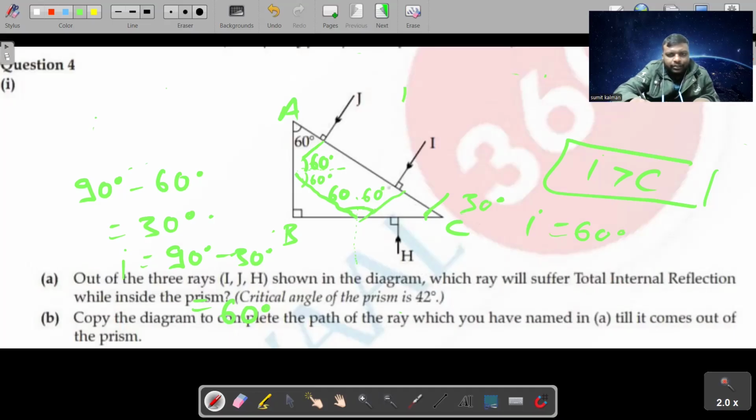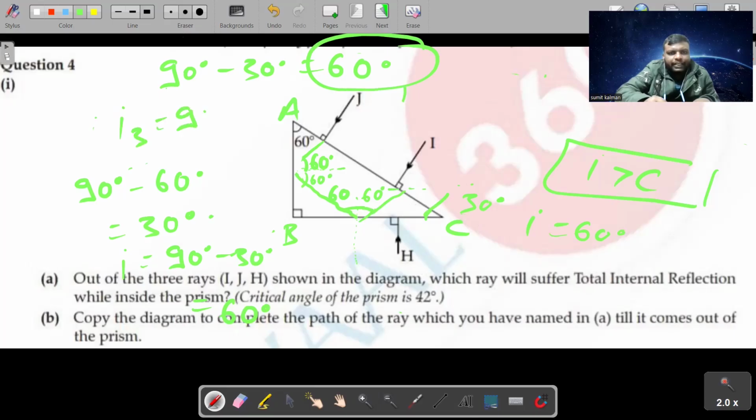Therefore its normal will make 90 degree minus 30 degree, that is 60 degree with the base. And students, angle of incidence will be 90 degree minus 60 degree, and it will come out to be 30 degree.